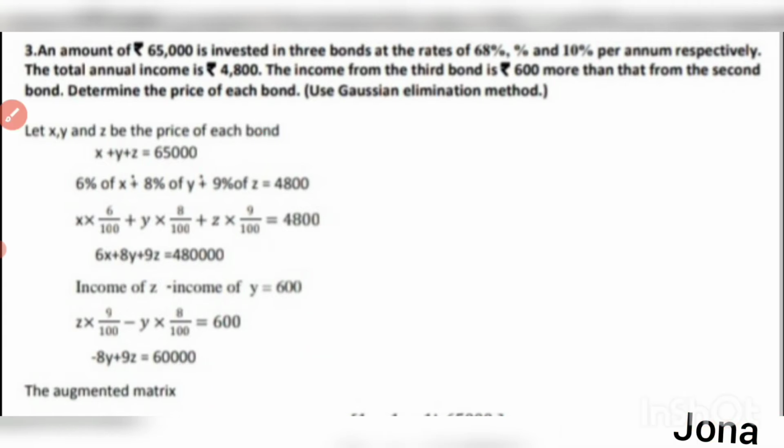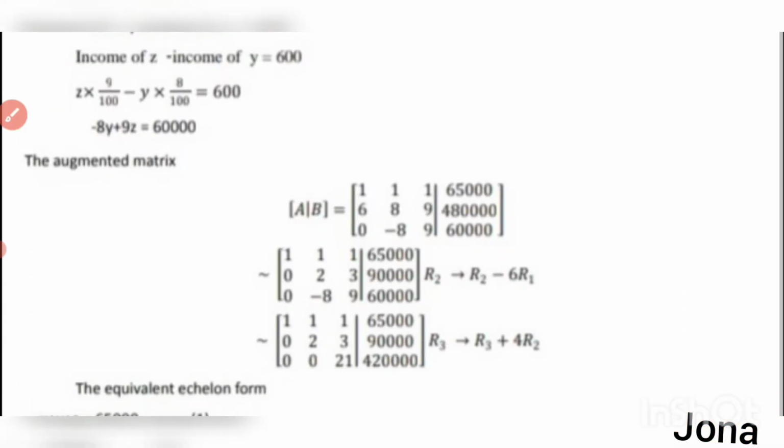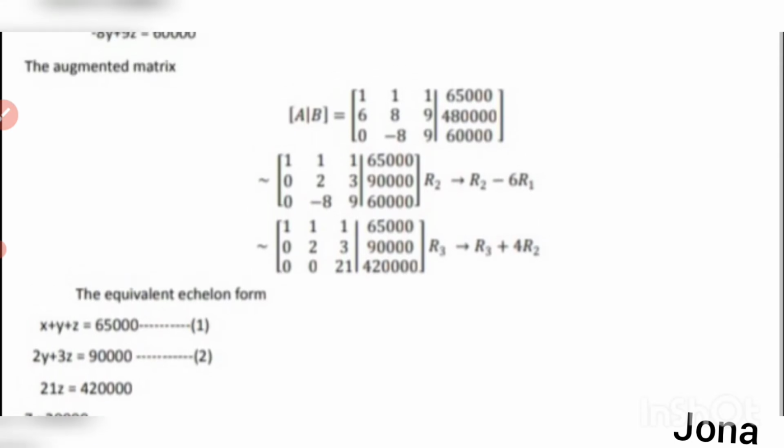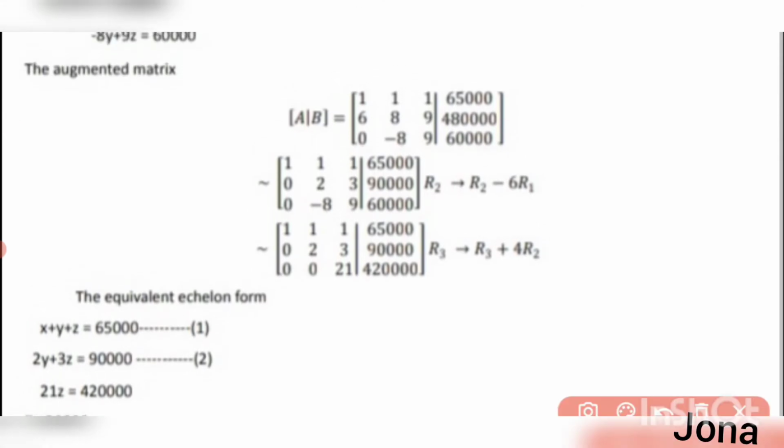So from these three equations I want to make the augmented matrix. I can write the augmented matrix here as 1 1 1 65,000, and then 6 8 9 4 lakhs 80,000, 0 minus 8 9 60,000.